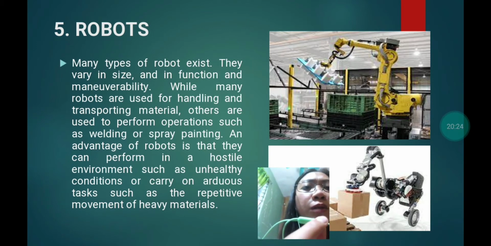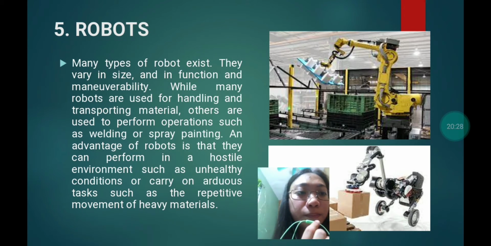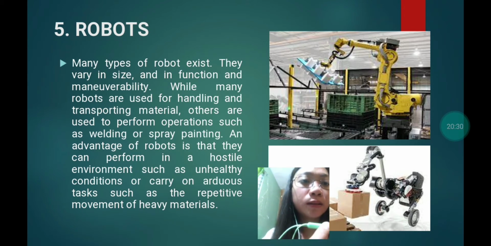While many robots are used for handling and transporting material, others are used to perform operation such as welding or spray painting. An advantage of robots is that they can perform in a hostile environment such as unhealthy conditions or tasks such as the repetitive movement of heavy materials.